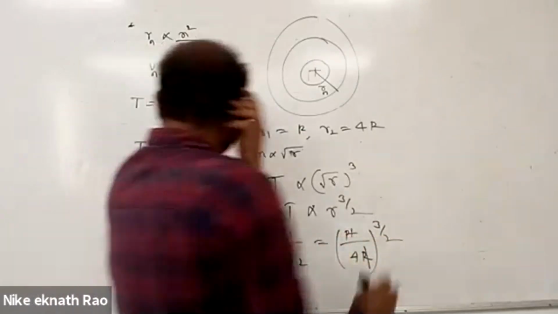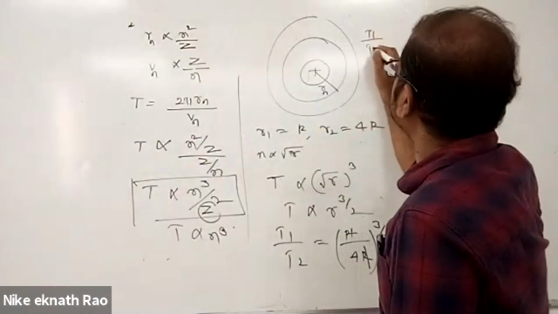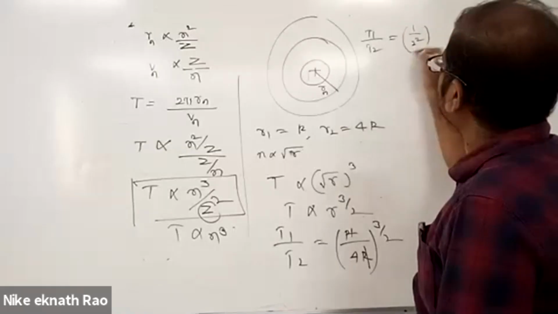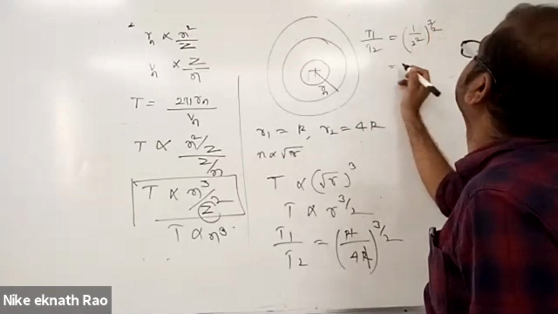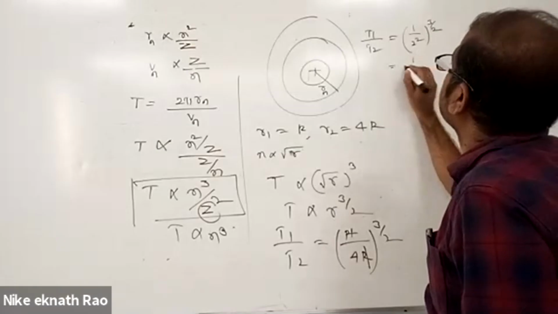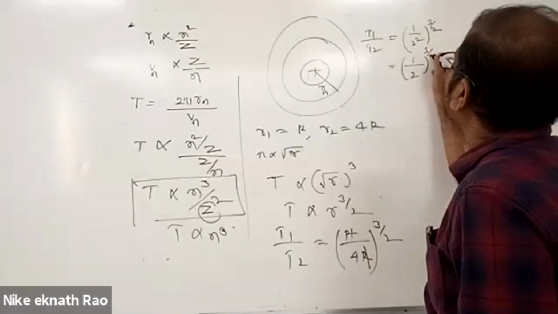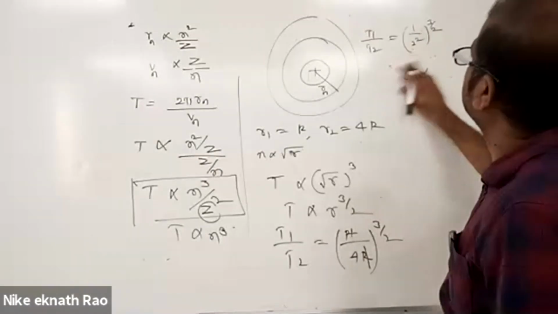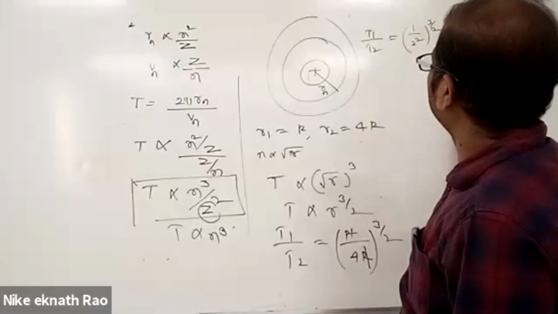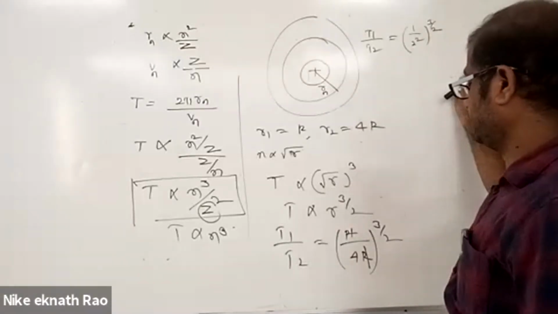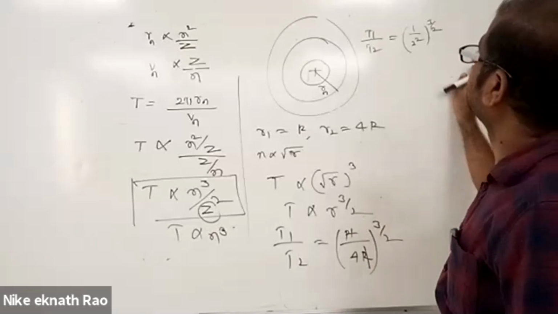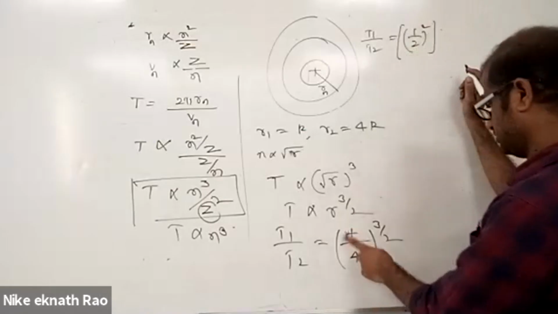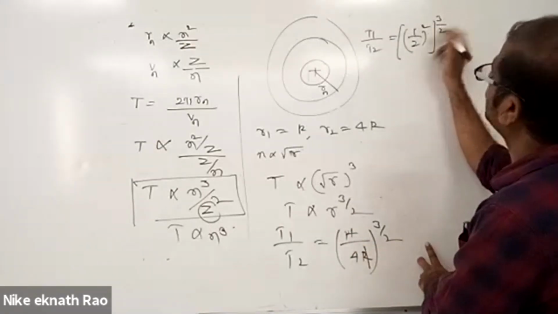So what can you write now? 1 by 4 is 1 by 2 square, so 1 by 2 whole power 2 times 3 by 2, and the 2 gets cancelled.